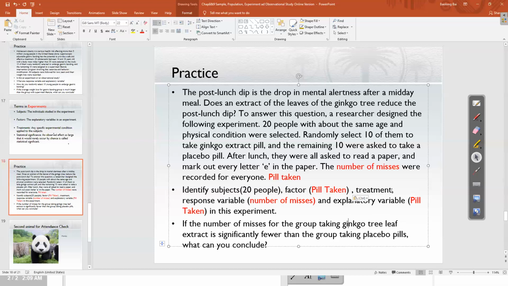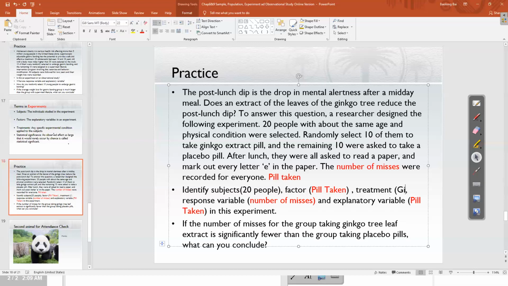Okay? And then what are the treatments? Some people get confused between treatment and factor. They are kind of confusing, but spend some time to think about it. Treatments are specific experimental conditions being applied to the individuals. So for the 20 people, what different research conditions were being applied to them? They are being asked to take different pills, right?